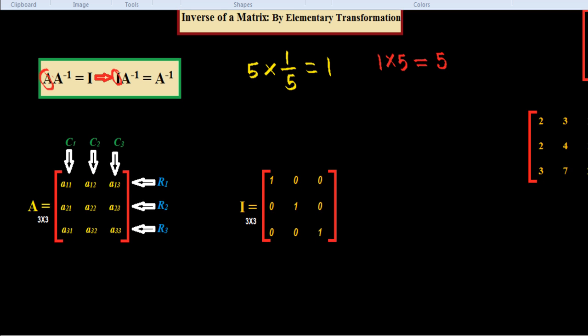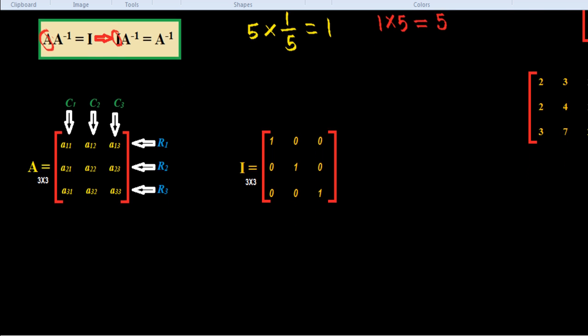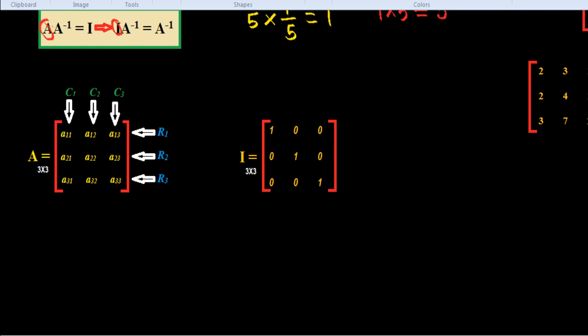Now I would like to tell you the different steps for how to convert this into identity matrix. Look at this. We have a square matrix A of order 3: A11, A12, A13, A21, A22, A23, A31, A32, A33.